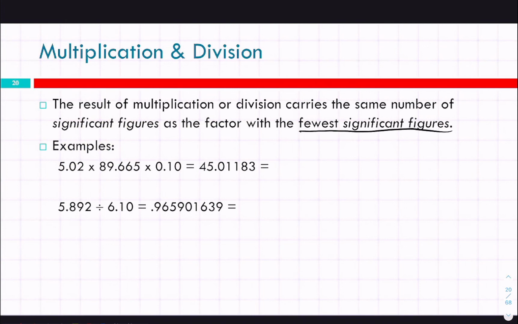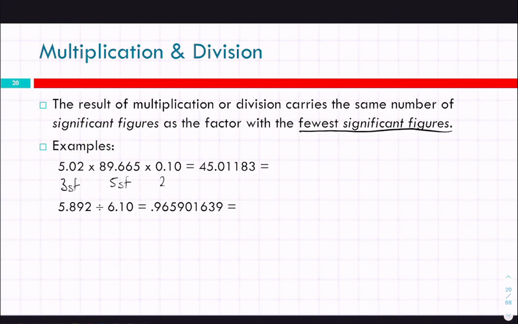So in this example, let's first go through and count the number of sig figs. So 5.02, how many sig figs is that? Oops, that's the eraser. So that's 3 sig figs. For 89.665, how many sig figs? 5 sig figs. 0.10?